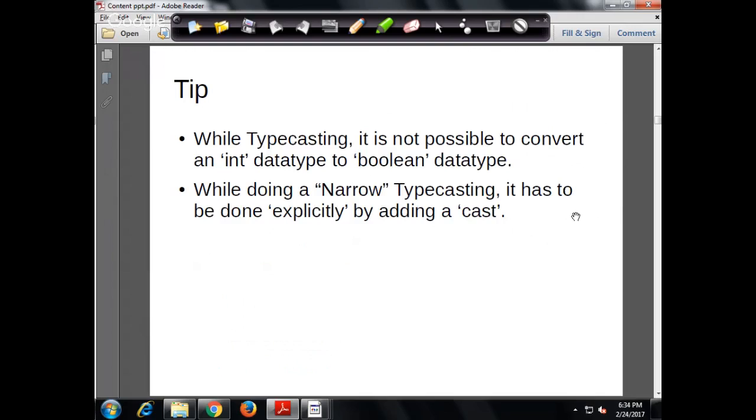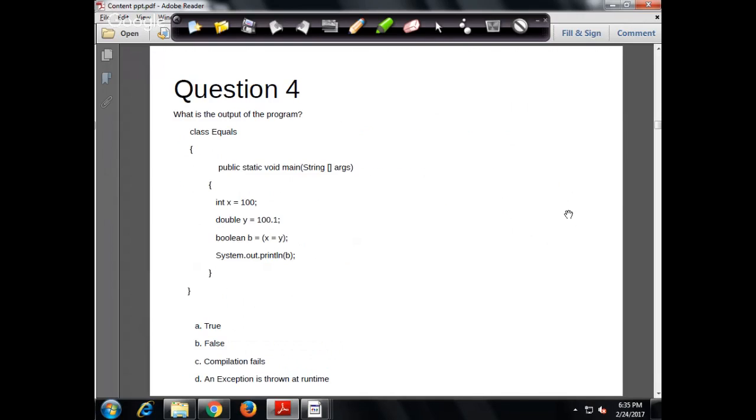Now I'm going to display the question to you again. I've shown you the tip and I'm displaying the question again. Now, based on what you have learned in the tip, use that tip and try to relook at this question again and give me an answer again.